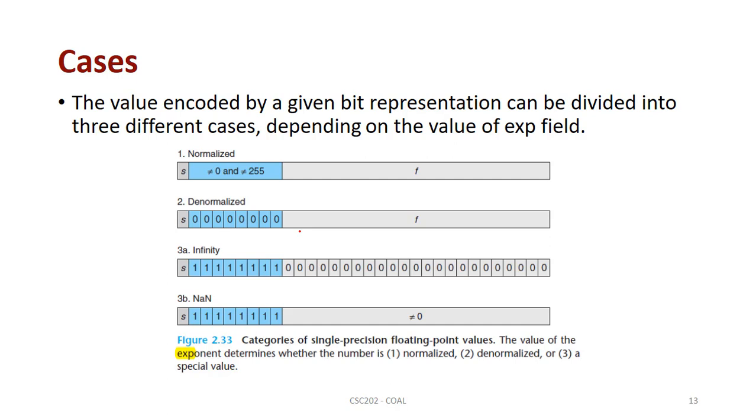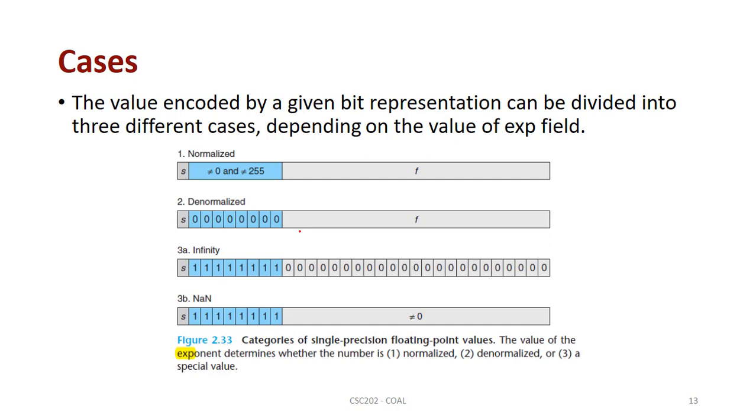Let's first consider a 4-byte floating point number, let's say float. In this 4-byte floating point number, the size of the exponent part k is 8 bits.